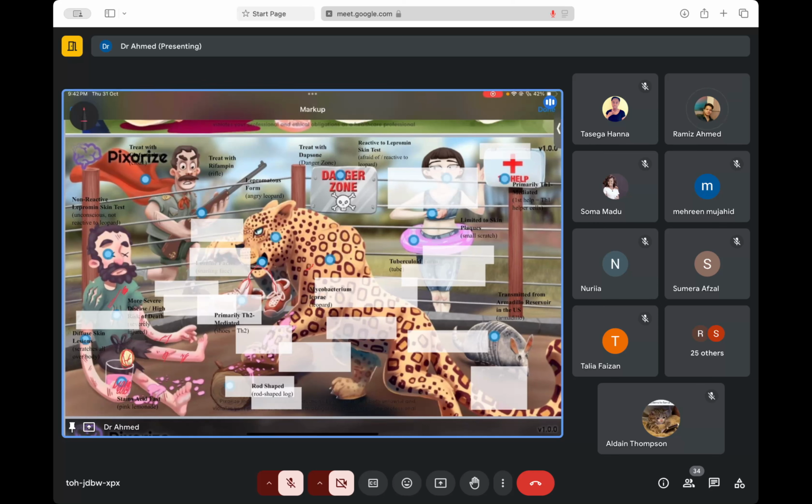Here at the back you can see an armadillo has also entered this scene. He is just roaming around here and there. This leopard is standing upon a rod shaped log. Here you can see another female. She had a mild scratch from this leopard too, and she escaped.